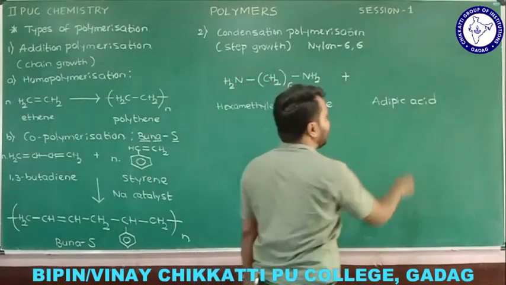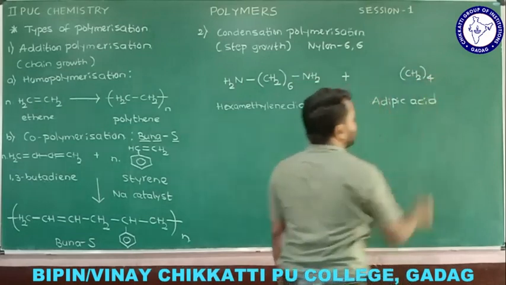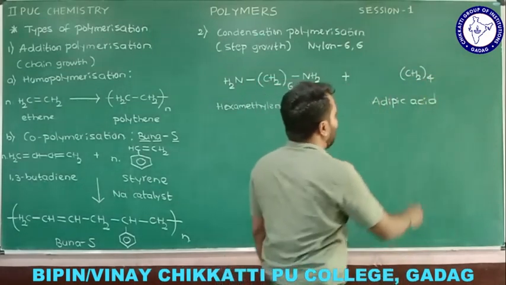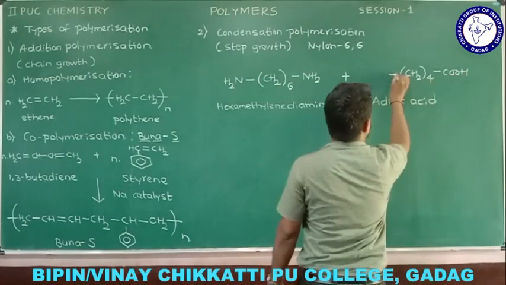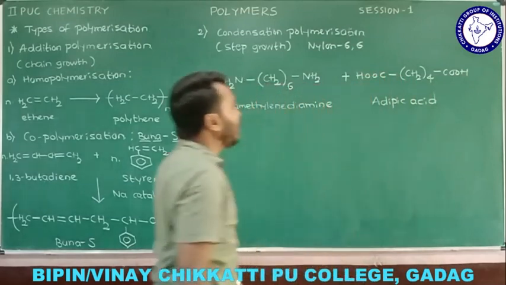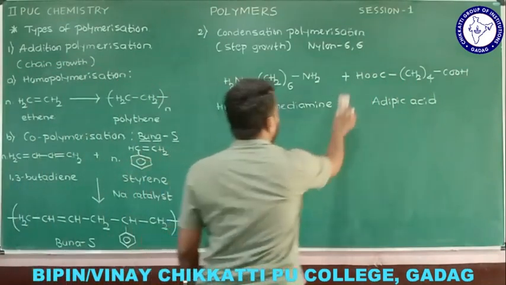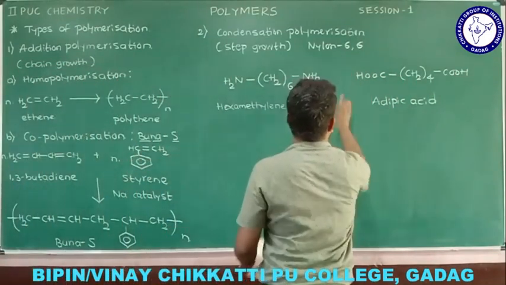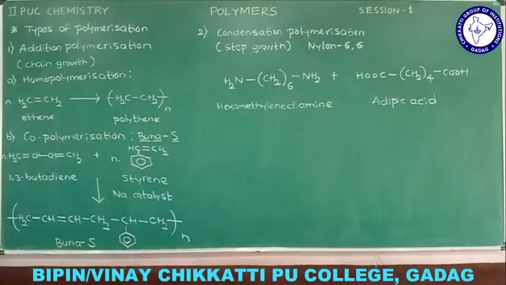Adipic acid. Okay, so in this case you try to know CH2 4 times, 4 methylene groups, and here we have a COOH, and in the left side also we have COOH. So these two are the monomers of nylon 66. You try to know that one. The monomers of nylon 66 are, one is hexamethylene diamine and one more is adipic acid.